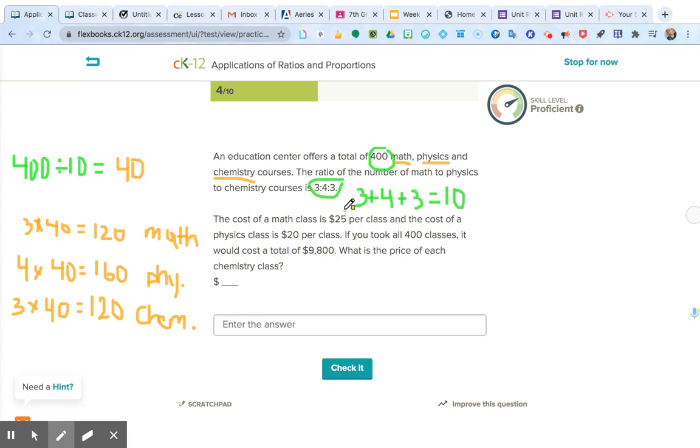So now I can multiply by the cost. So for the math, I'm going to multiply 120 times $25. And then, using a different color, for the physics, I'm going to multiply by $20 per class. So multiply by 20.